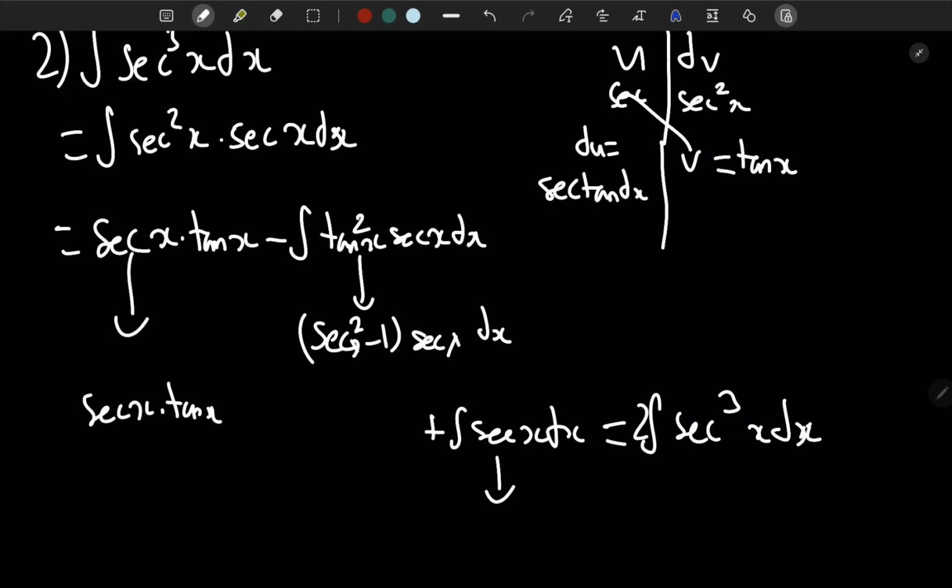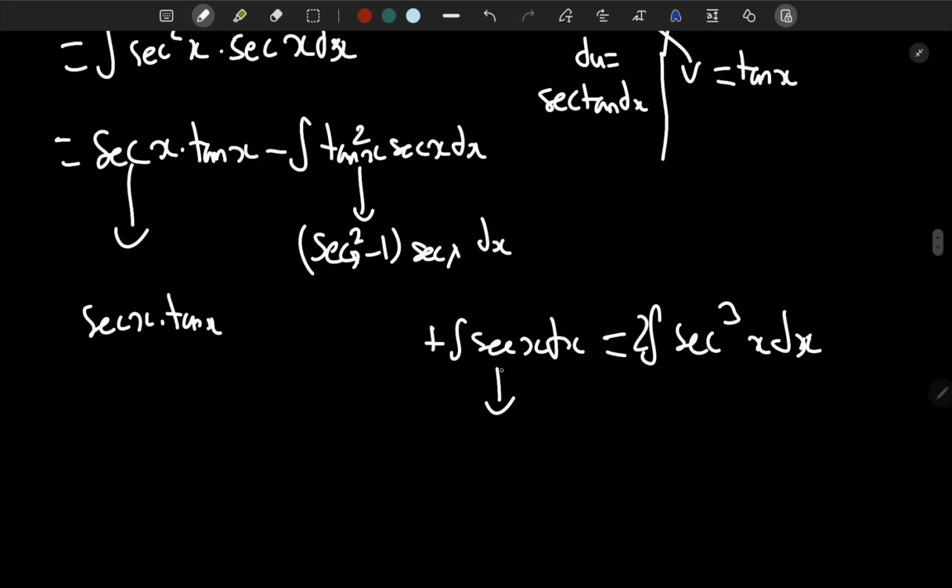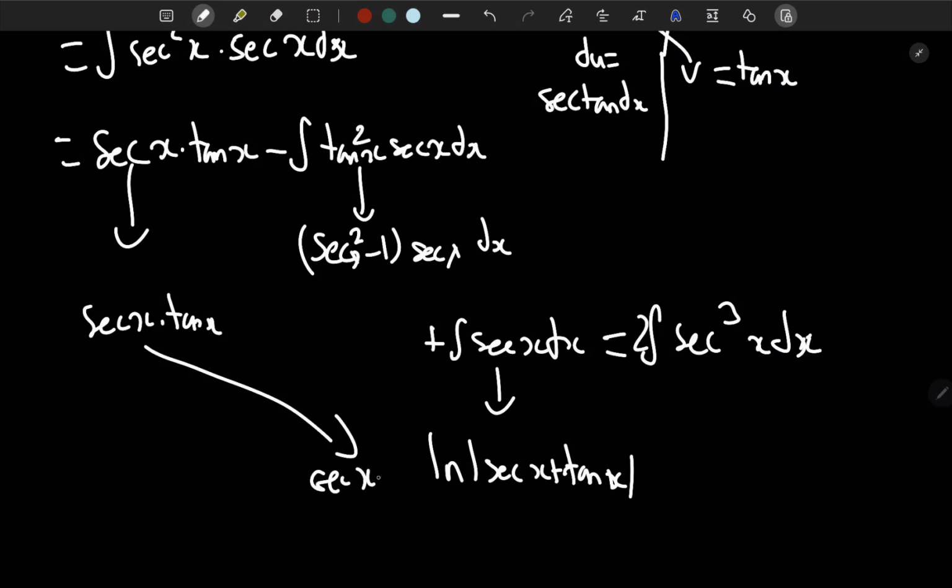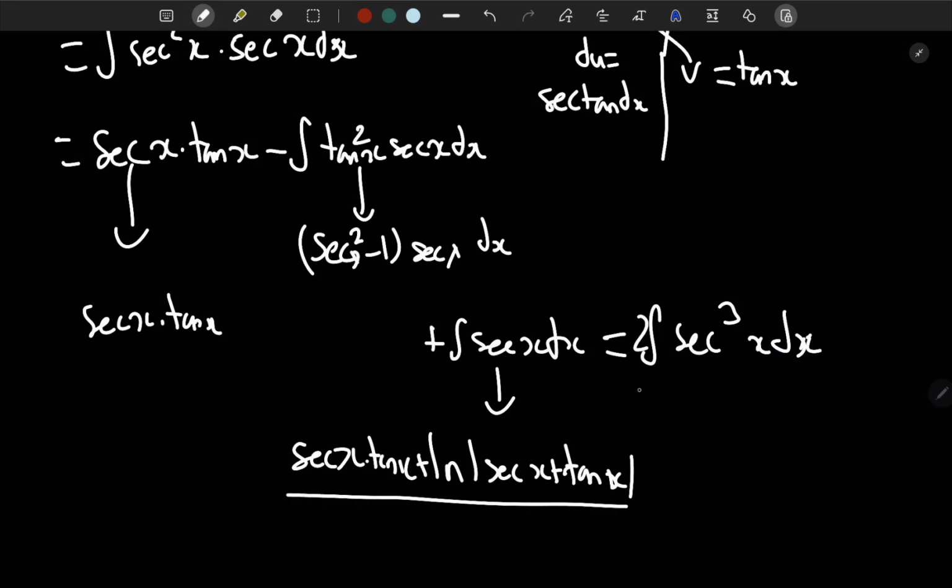This is 2, and now we know that the integration of secant x is ln of secant x plus tan x, and this over here, secant x times tan x, sorry about my handwriting, plus this. Now we can divide this entire thing by 2 since we have a 2 here, and this is the answer, plus c.